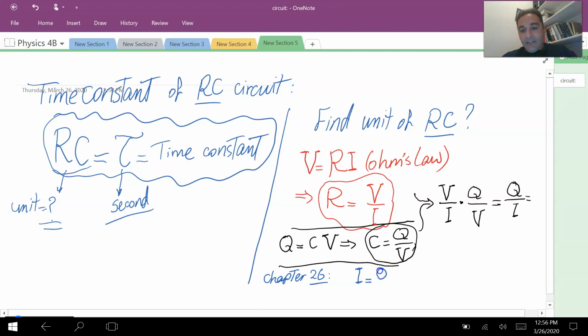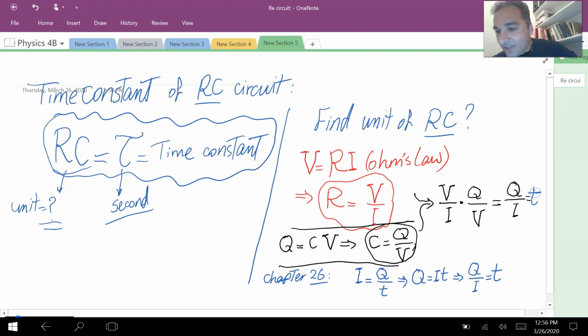It's Q divided by what? Time. Therefore, Q is equal to IT, current times time. Therefore, Q over I becomes time.